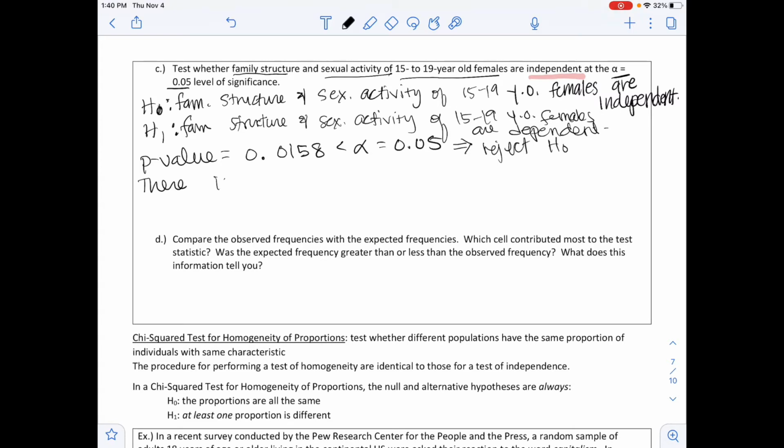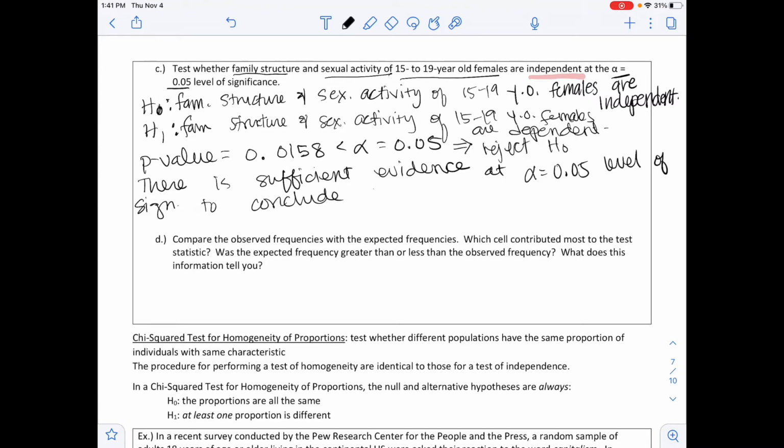So I'm going to write a conclusion here. There is sufficient evidence at the alpha equals 0.05 level of significance to conclude that, and again we already wrote down H1, that family structure and sexual activity of 15 to 19-year-old females are dependent.